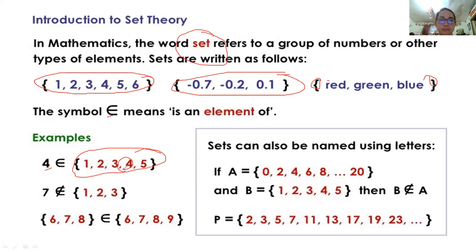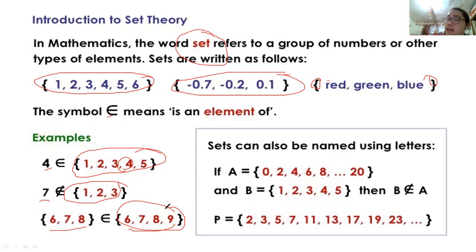So 4 is an element of this set, the one that I encircled. For 7, 7 is not an element of this given set because you cannot see 7 in this given set. For 6, 7, 8, it's an element of this given set because you can see 6, 7, 8 in this given set. So that's how you identify the elements of a given set.